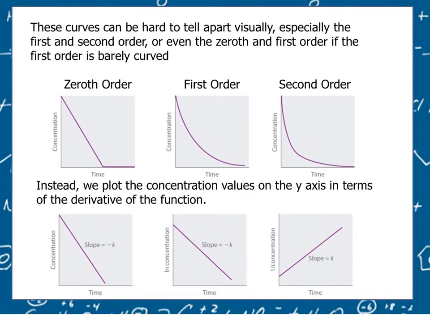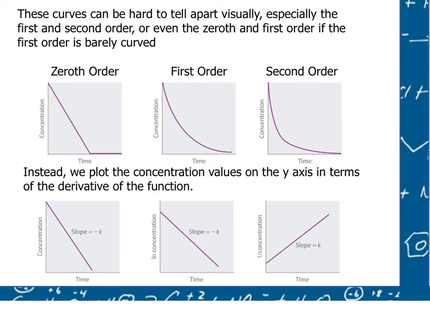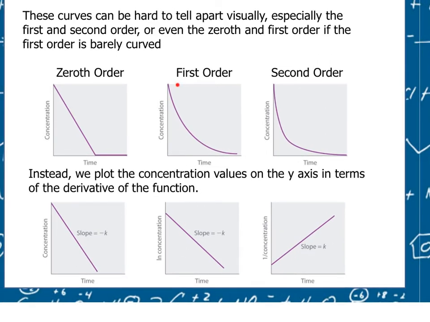Now these curves can be hard to tell apart visually, especially the first and the second order because they're both curved. And even the zeroth and the first order can be hard to tell apart if the first order is just barely curved. So instead, how we tell them apart is we plot the concentration values on the y-axis in terms of the derivative of the functions that produce these kinds of graphs.